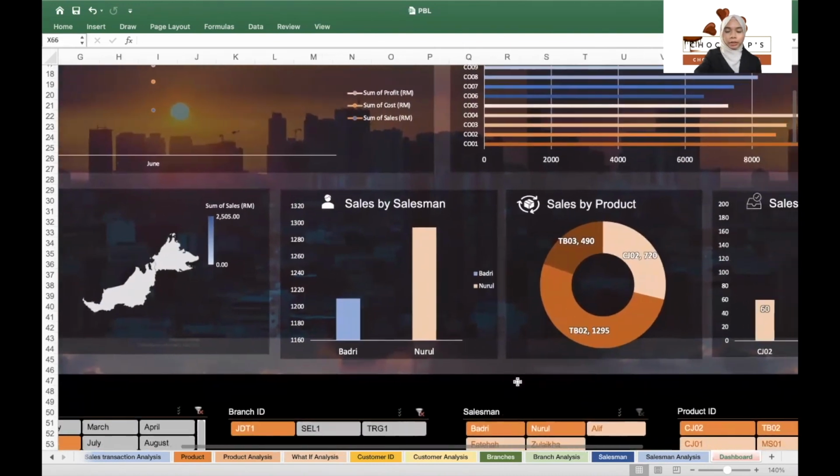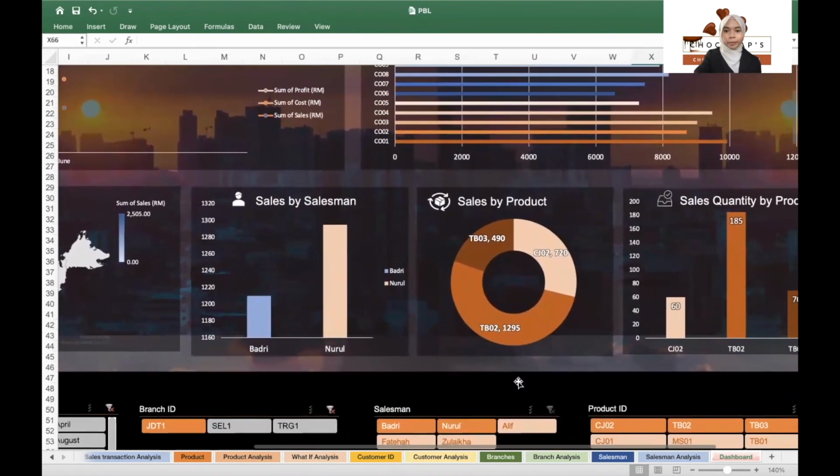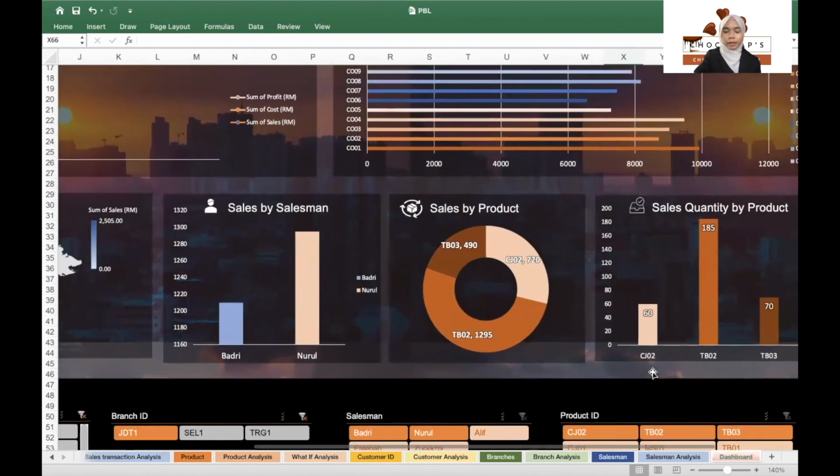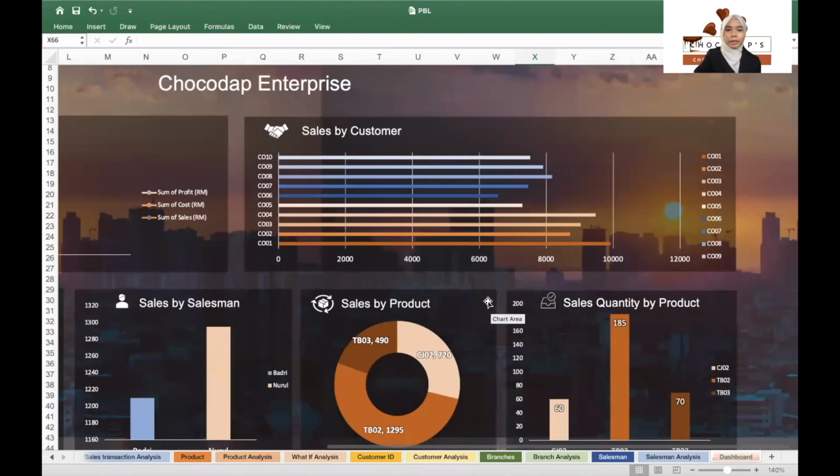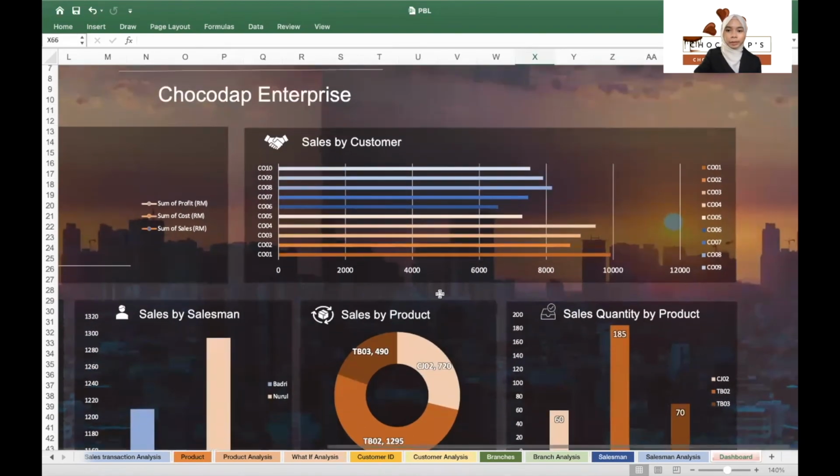And this is the sales by product in Johor, which is TB03, TB02, and CJ02. And this is the sales quantity by product, where CJ02 has 60 units, TB02 has 185 units, and TB03 has 70 units. And this is our sales by customer.